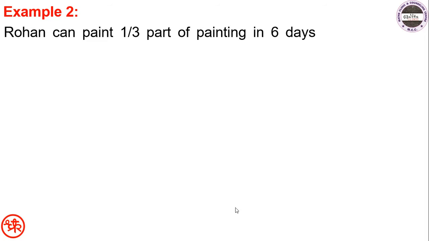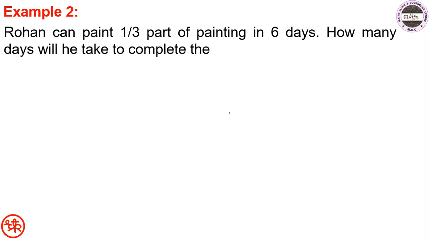Now example number 2. Now what is example 2 here? Rohan can paint one third part of painting in 6 days. Okay.